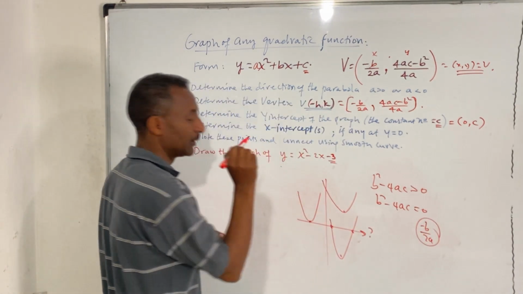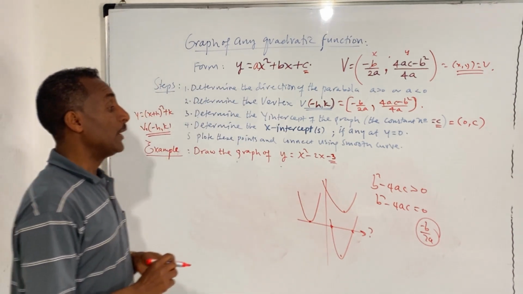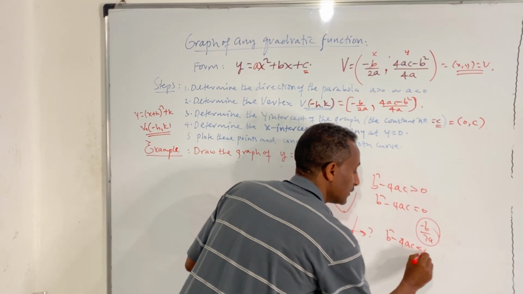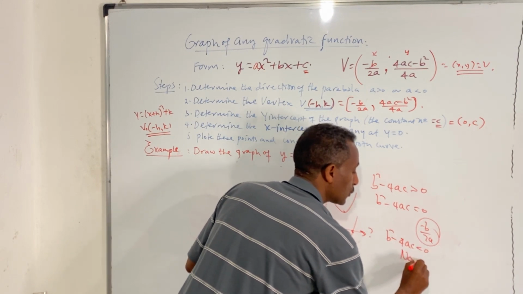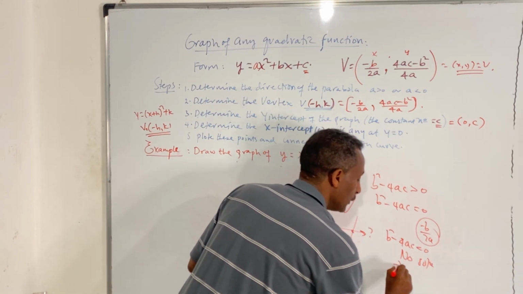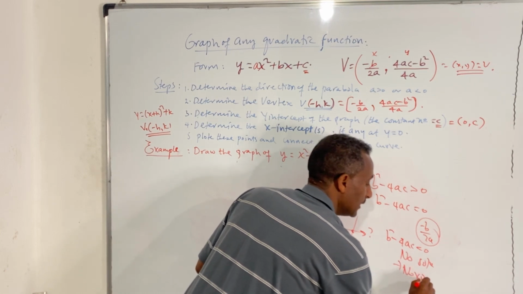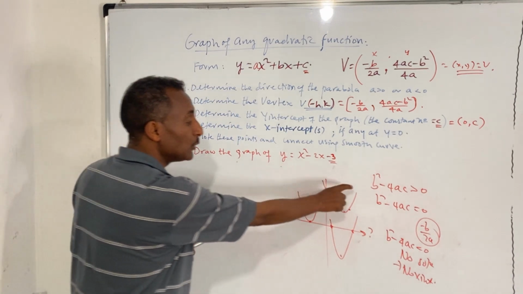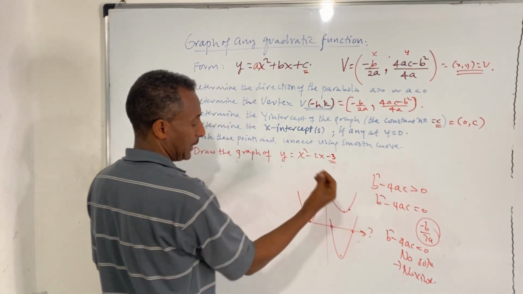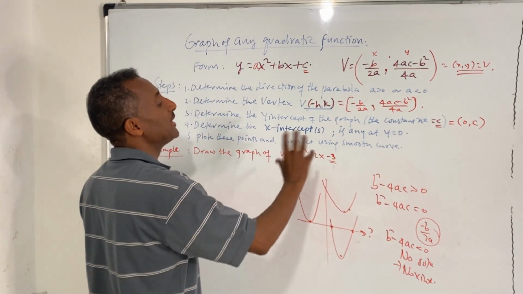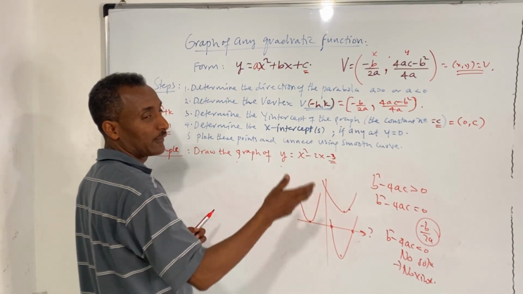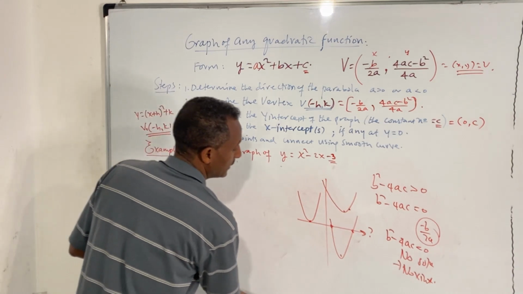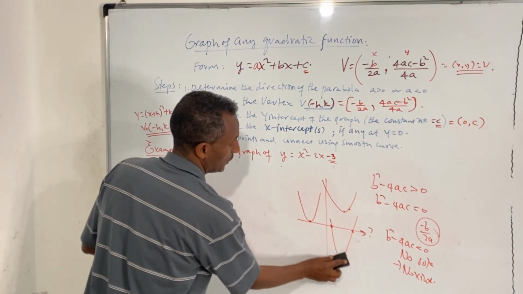When b squared minus 4ac is less than 0, there is no solution, which means no x-intercept. So this will be a very important concept to identify the number of x-intercepts we have, like the number of solutions in solving a quadratic equation.